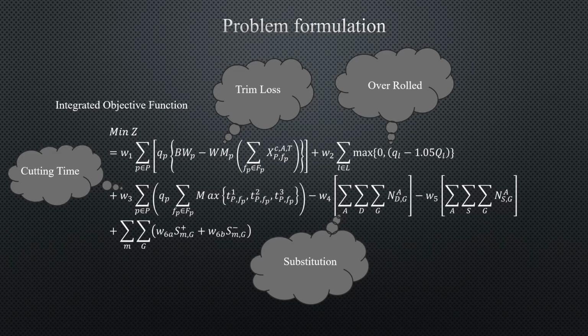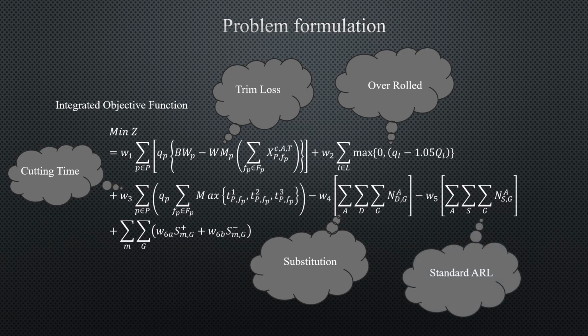This tracks the total number of slow-moving stock ARL bars of a specific length and grade that are utilized in the production run. Next term, it is the standard ARL usage. This counts the total number of standard stock ARL bars of a specific length and grade used.